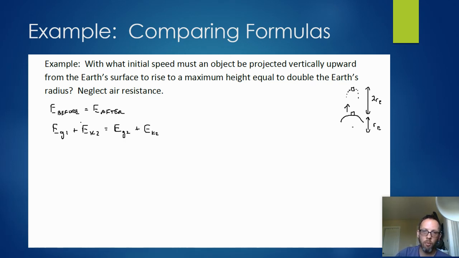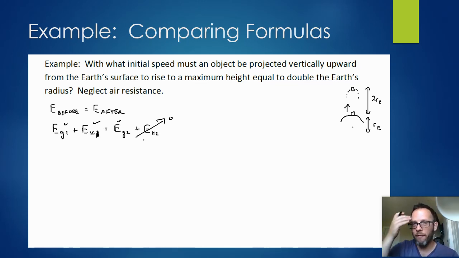Initially, we're giving the object some kinetic energy, but it has some gravitational potential energy as well. And when it's reached the top of its arc before coming back, we've got some gravitational potential energy. But the one thing that can be 0 in this problem is that final kinetic energy. At that max height before coming back down to Earth, it'll be 0.